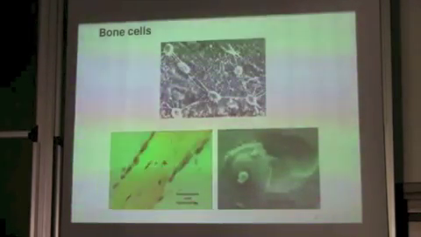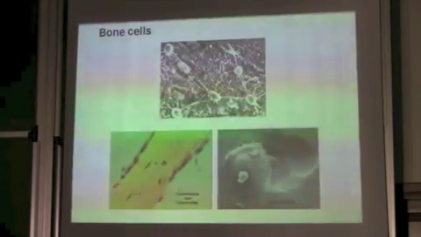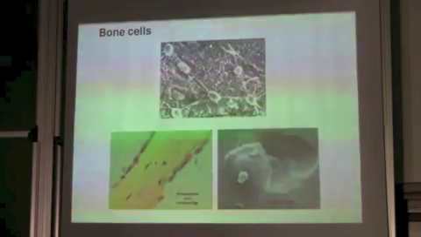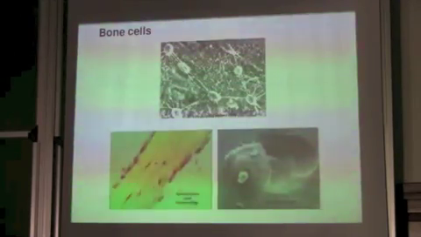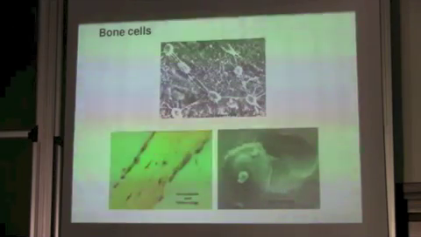There are several groups of cells which are involved in this modification of bone. Each of them has a specific goal.